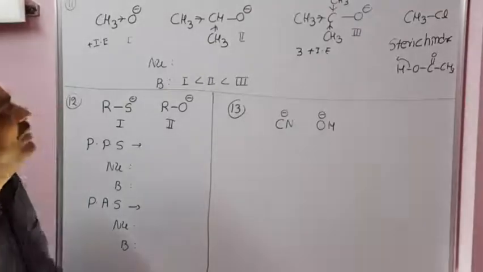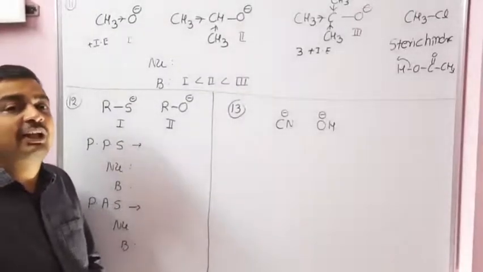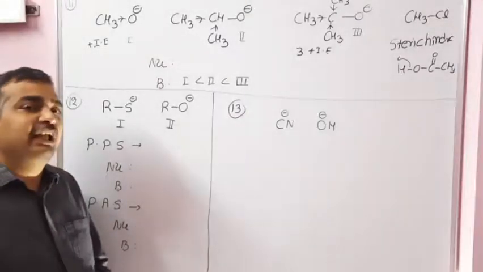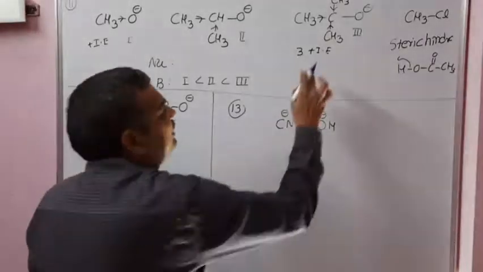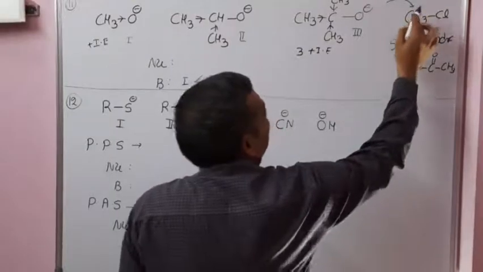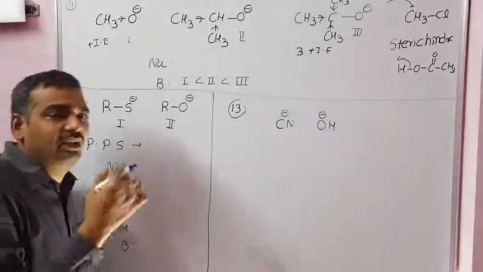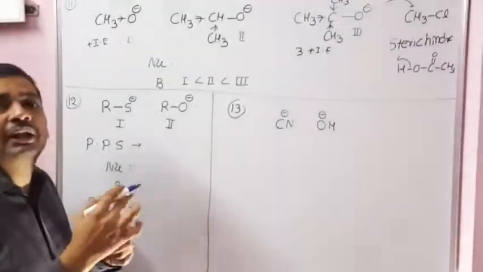Coming to the nucleophilicity, for problems like this we have to be very careful. In nucleophilicity there is one steric problem. We need to consider steric hindrance also. Here, because of this bulky group, it will not attack. A nucleophile needs to attack the alkyl halide, so we have to see how sterically hindered it is.